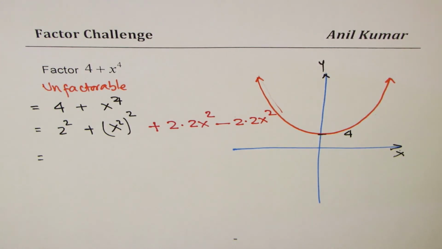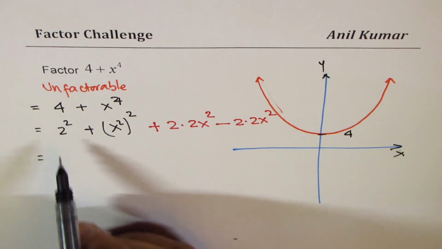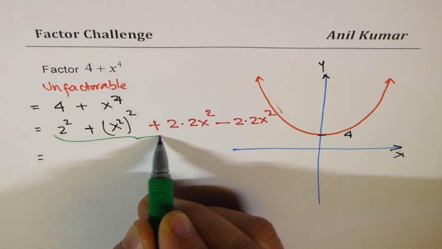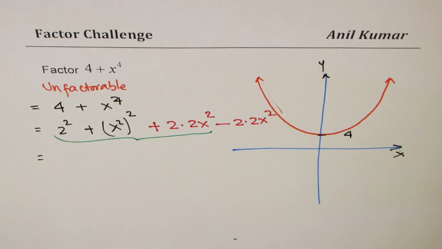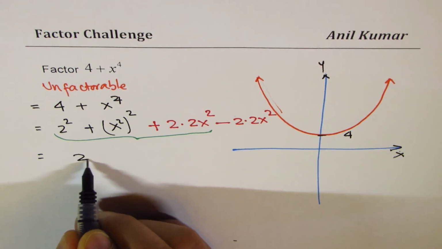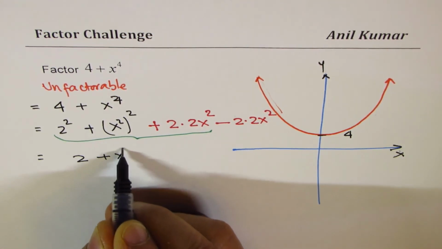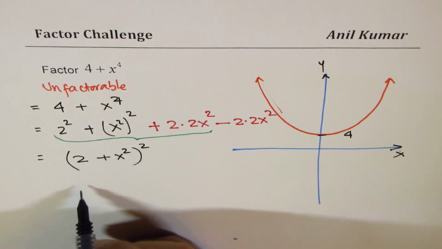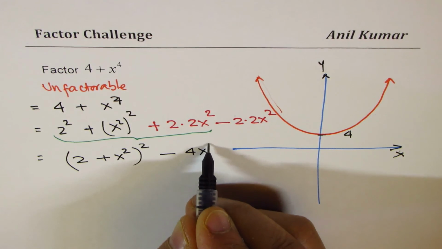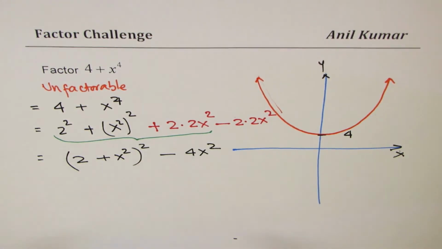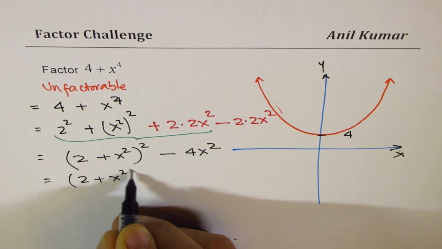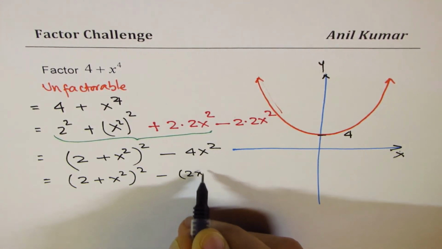That makes it factorable. So when you combine the first three, as we did in the last two examples also, you do get a perfect square, and you could write this as 2 plus x square whole square, correct? And you have here minus 4x square, which is 2x whole square, right? So which is to say, we again have a difference of square term, which is kind of like this.